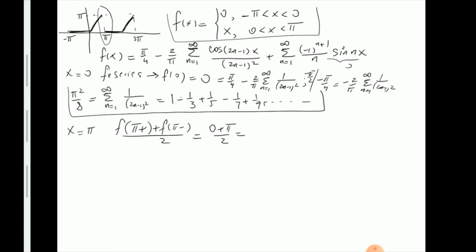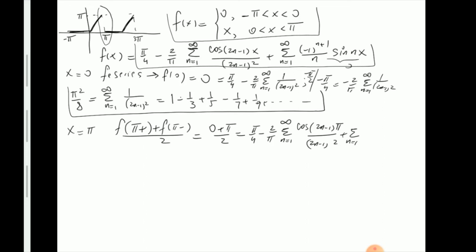So pi over 2 should be equal to, now I plug in pi everywhere, pi over 4 minus 2 over pi, summation from 1 to infinity, cosine of (2n minus 1) pi over (2n minus 1) squared, plus summation from 1 to infinity, minus 1 to the n plus 1 over n, sine of n pi.